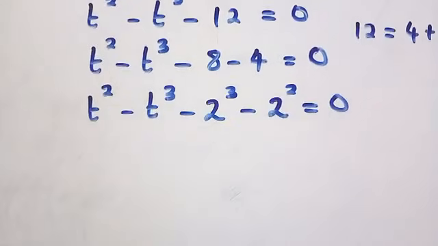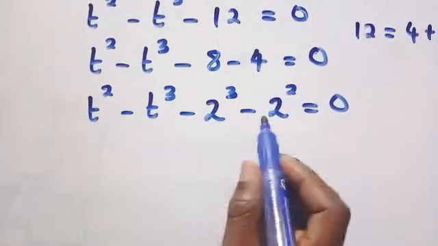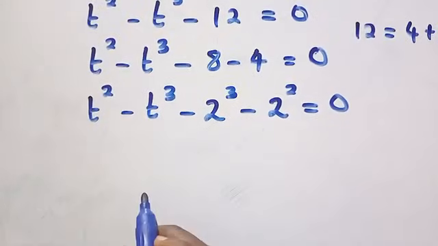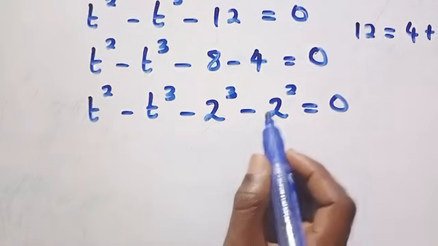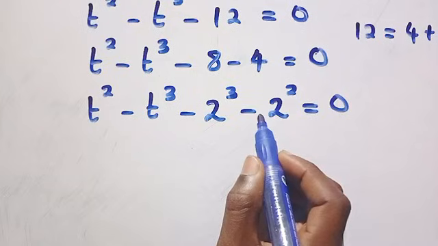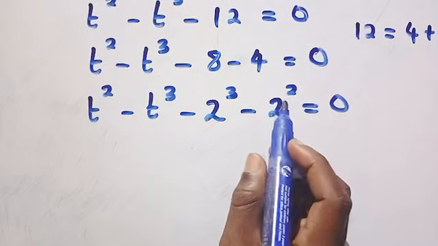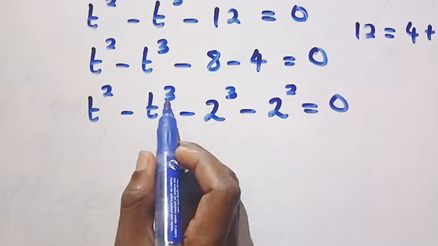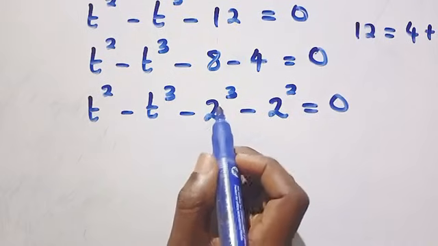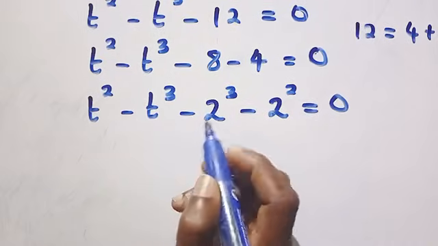And next, let's group this based on the corresponding power. Here is t power of 2 and we have this as minus 2 power of 2. So we group them together. And also we have minus t power of 3 with minus 2 power of 3. We group them together.